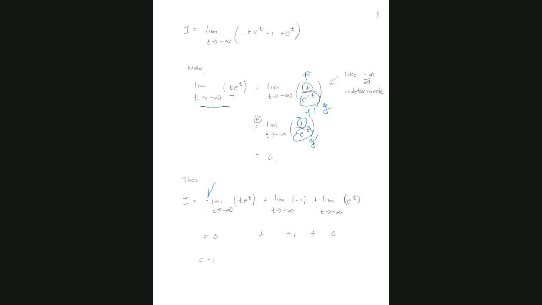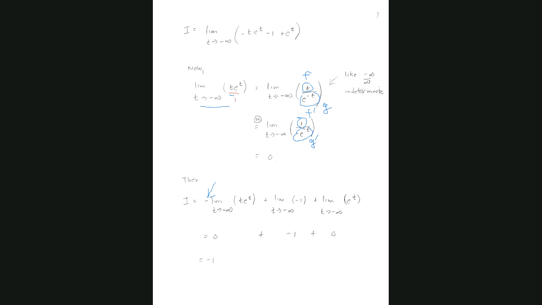Let's see, Tina has a question. Excellent. How come e to the t in the numerator became e to the negative t in the denominator? So, what you're doing is, let me put in a little step here. So t times e to the t is over 1, right?